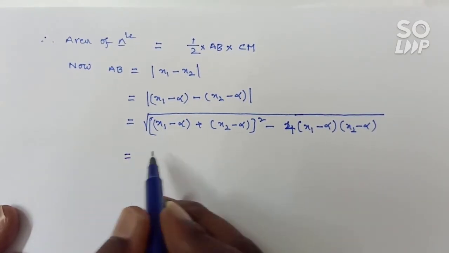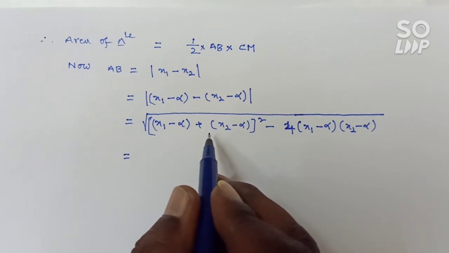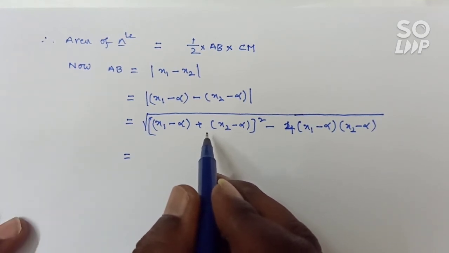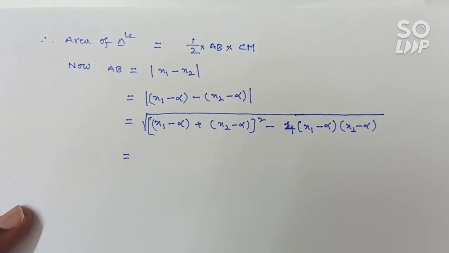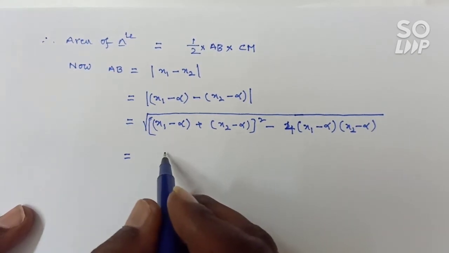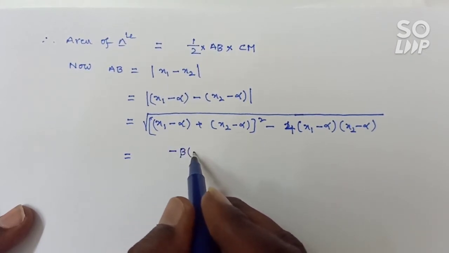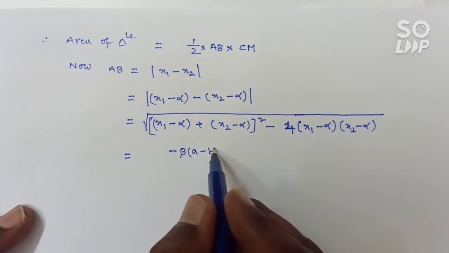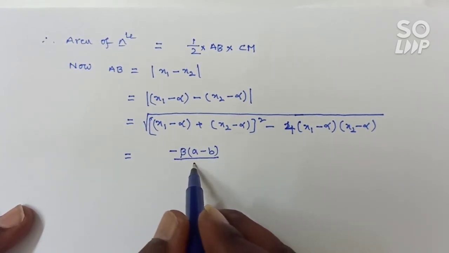Now you substitute, this one is the sum of the roots already. What is the sum of the roots? That is minus beta into (a minus b) whole divided by h.